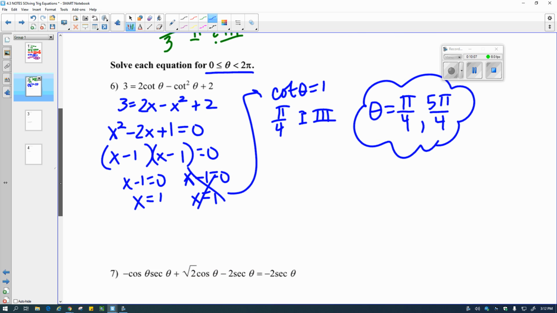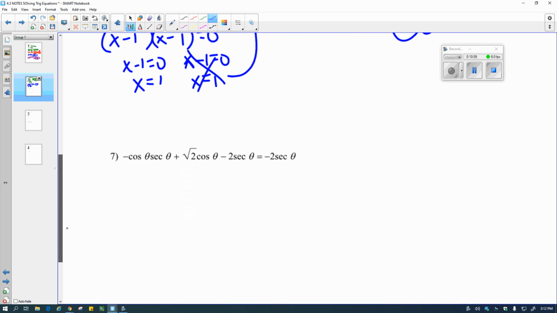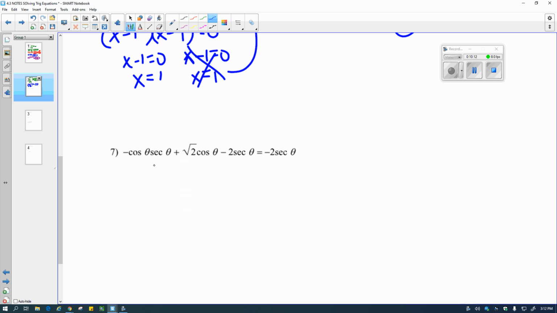The last equation that we're going to be working through steps it up even another notch. Now I have two trig functions. How do I deal with that? Well, I'm going to call cosine x and secant y. And so I'll plug in those two variables.